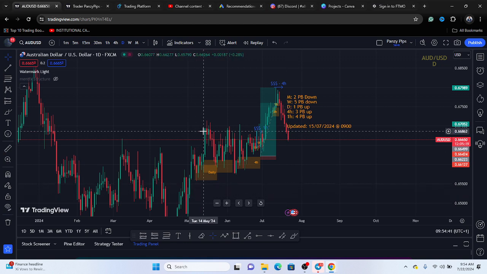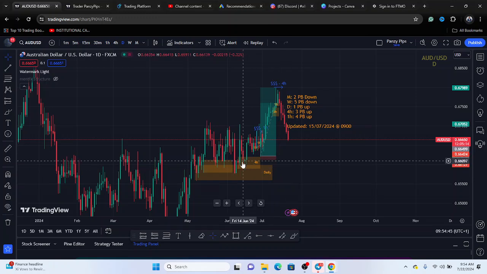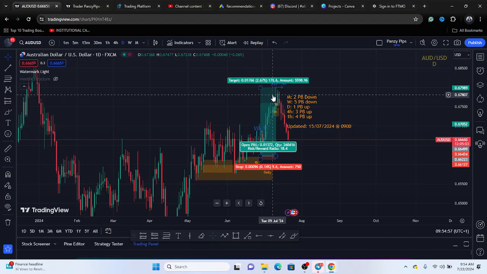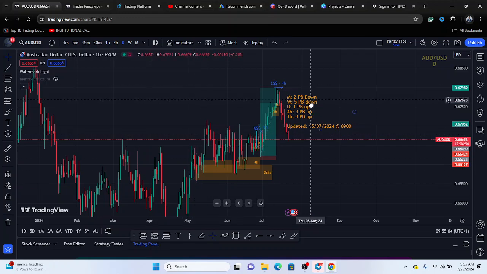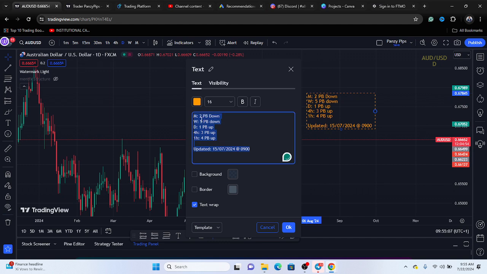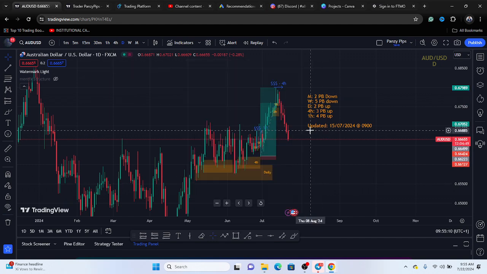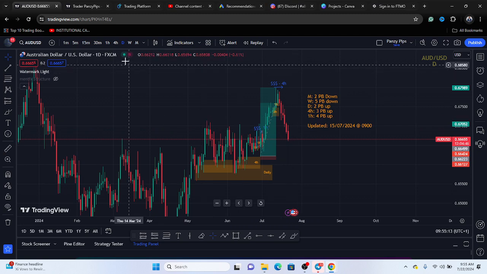Just 1 pullback, stay within our zone, and then pullback, and 2. So 2 PB up on the daily. Then 2 PB up on the daily. Let's look at the 4-hour.